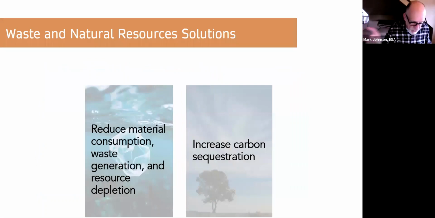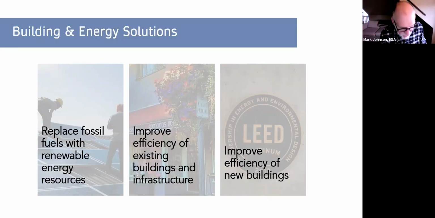Next slide, please. Oh, excuse me, I went too fast. I'm sorry, could you go back one? The new buildings. So the efficiency of new buildings, this is obviously related to the new mixed-use buildings, the new apartment buildings, the new commercial buildings that you see going up.